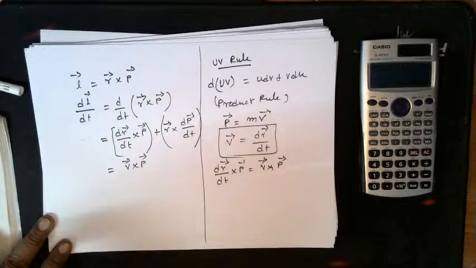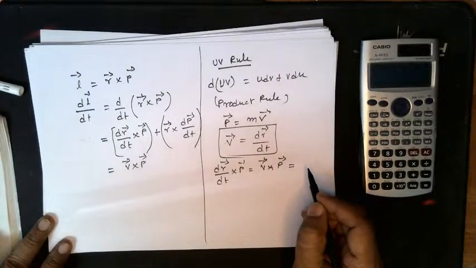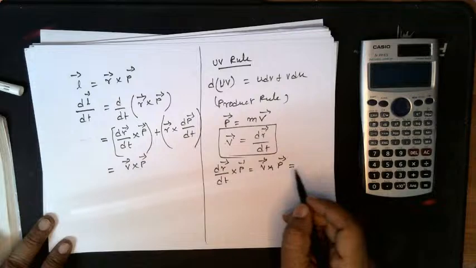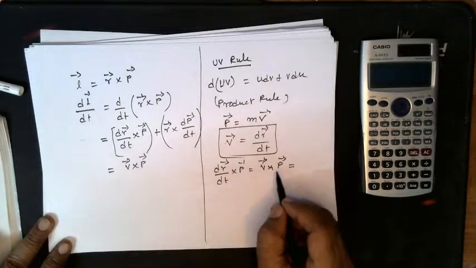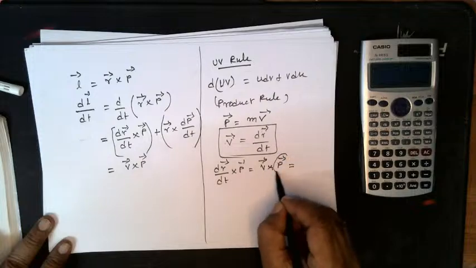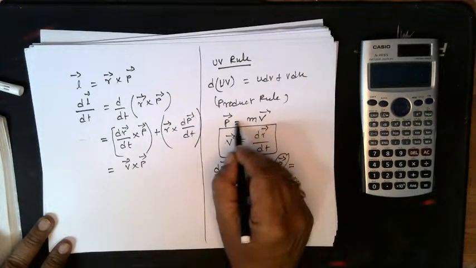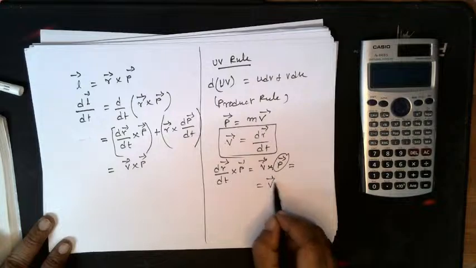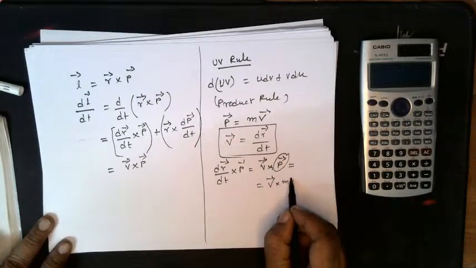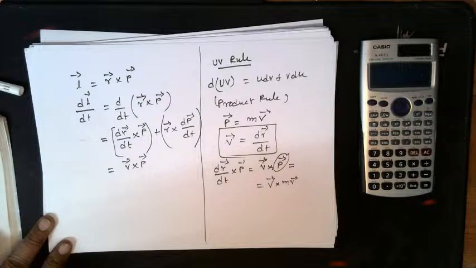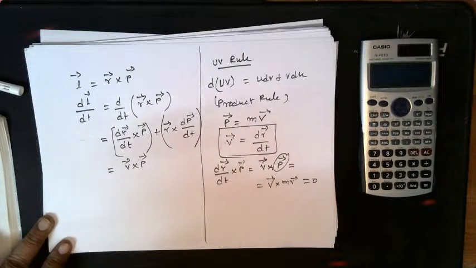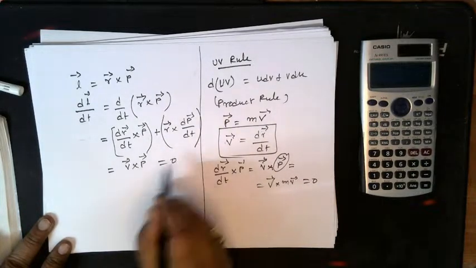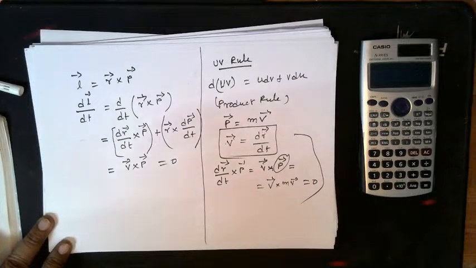This v, we can once again replace by mv, because P is nothing but mv. Therefore v cross m v vector. So when you cross two identical vectors, it becomes 0. Therefore it is 0. Do you understand this point? Therefore this becomes 0. Do you know why? So we have the explanation here.